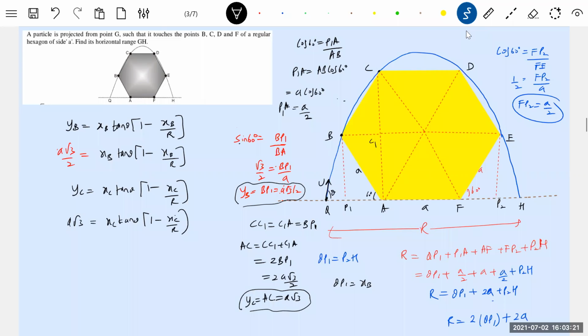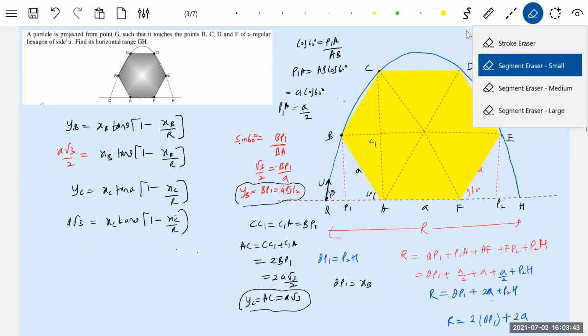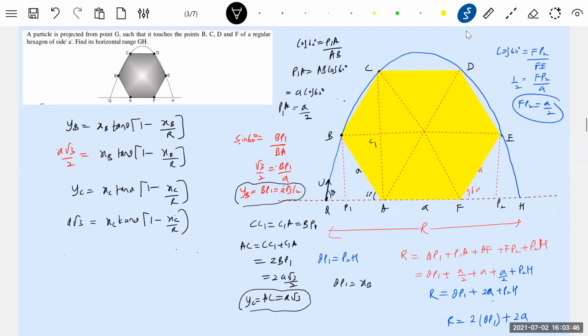Okay, this we can change, only XB as only X will write it. One more symbol I'll assume, so that will be easy for us. XB equal to X. So what is XC now? Will be XB plus. I'm writing directly so many symbols, or one more step. Yeah, we'll do one thing. What is XC? XC is equal to QP1 plus P1A. QP1 is what? XB. P1A is what? A by 2.